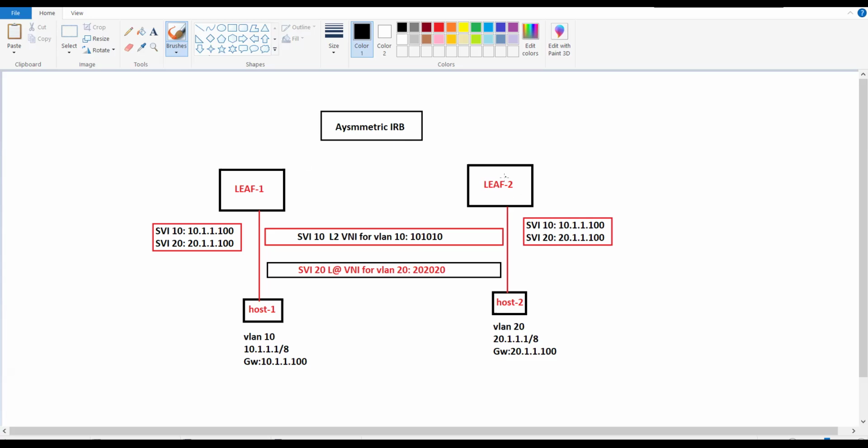Now when leaf 2 sends the traffic back to leaf 1, it uses the SVI 10 VNI, which is 101010. So when traffic flows from leaf 1 to leaf 2, VNI 202020 is used, and for the reverse traffic from leaf 2 to leaf 1, VNI 101010 is used. This is asymmetric IRB.